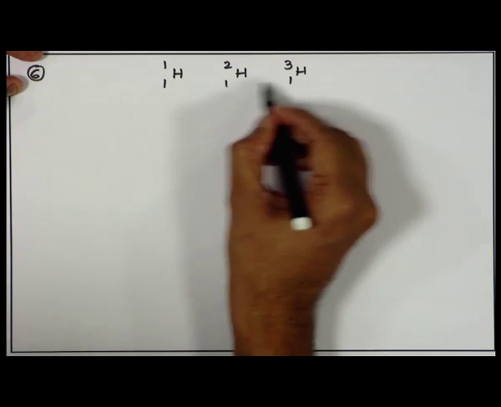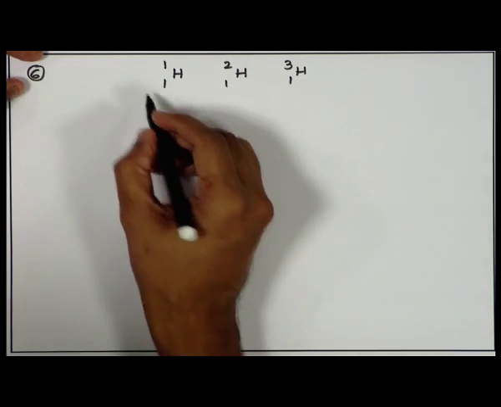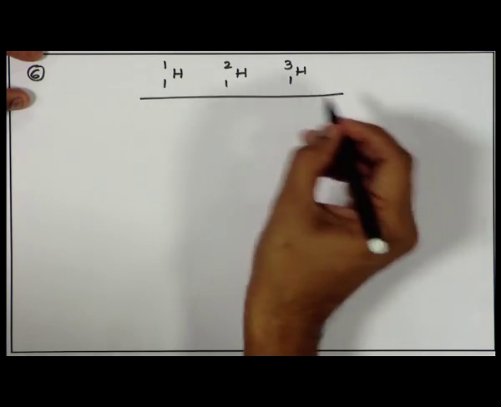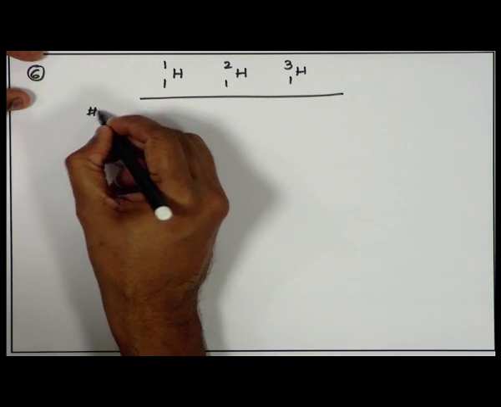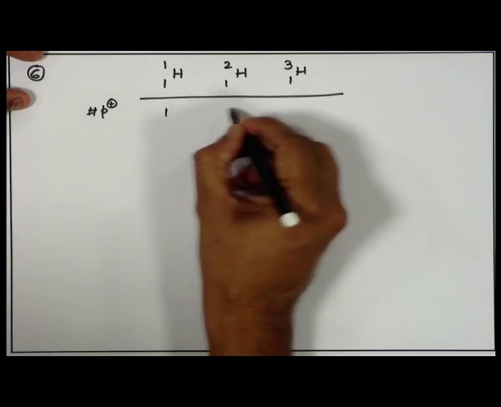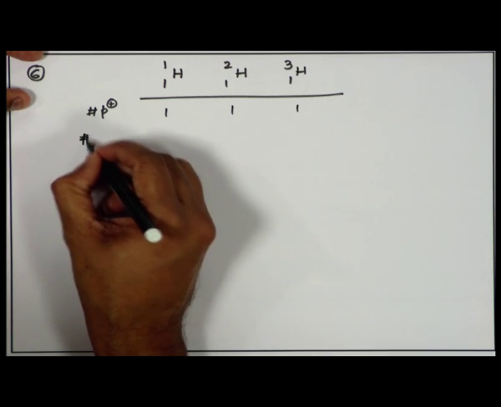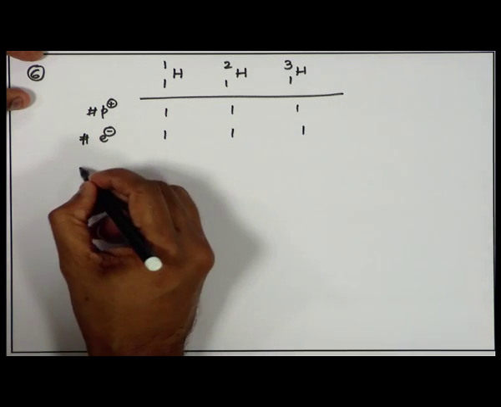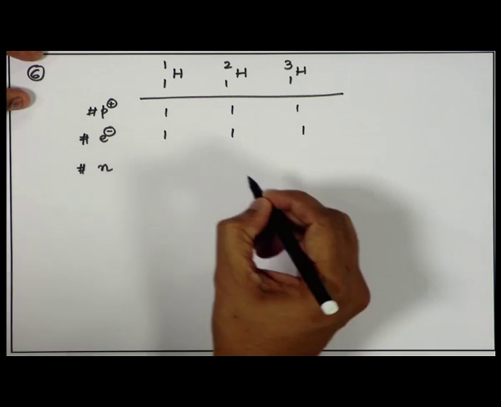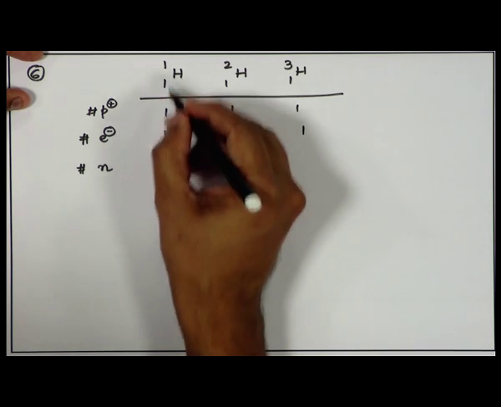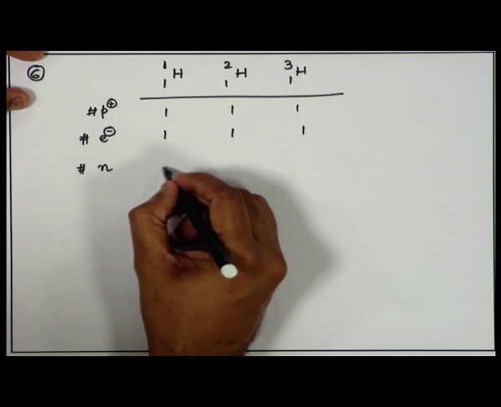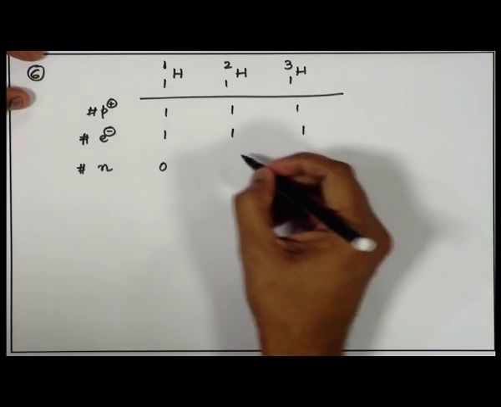In each case, Z, the atomic number, is the same, that is 1, and the mass number changes from 1, 2 to 3. So, of course, it is very easy. The number of protons is all 1, the number of electrons, since they are neutral, is all 1. The number of neutrons: in this case, the mass number is 1, the atomic number is 1. So, the number of neutrons is 0, there is no neutron.